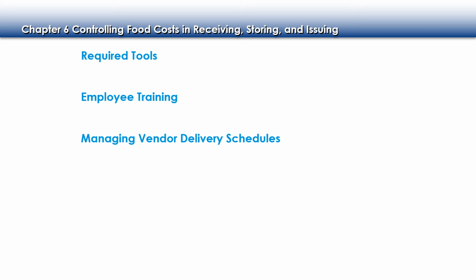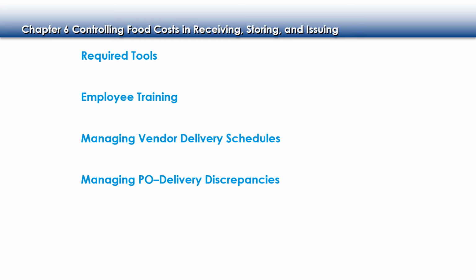As far as our delivery schedules, we want to make sure that if it's possible, we work with our different vendors. Now, if we have a prime vendor, meaning that we order pretty much everything from one person, then it might be easier to manage that schedule. But if we have a meat provider, a fresh fruit and vegetable vendor, a dairy vendor, a baked good vendor, a seafood vendor, we want to make sure we're managing all those schedules so that one person isn't overloaded and pulled multiple directions.